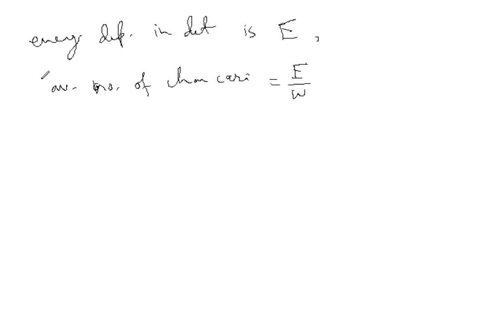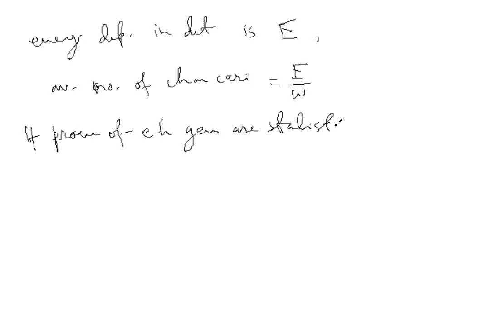Now, if the processes of electron hole generation are statistical, then Poisson statistics will apply.